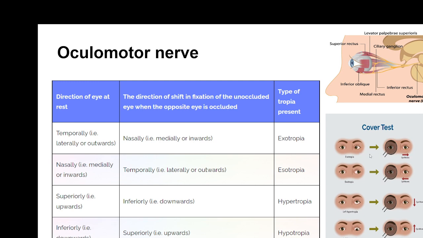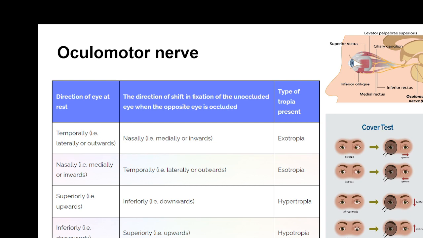When the person is moving around, the normal eyeball will be moving in the direction of the object, whereas the affected eyeball may move in a different direction. Based upon that, the abnormalities of the movement are classified as exotropia, esotropia, hypertropia, or hypotropia. Again, these words are a bit complex. There is nothing special about it.